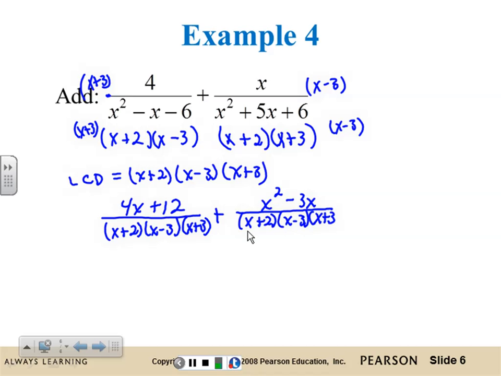So now that I have common denominators, I can put my numerators together. Descending order, please. So we're going to go with x squared first, here. And then I'm going to combine the 4x and the negative 3x, which is going to be x. And then I have this 12 here, over my common denominator.